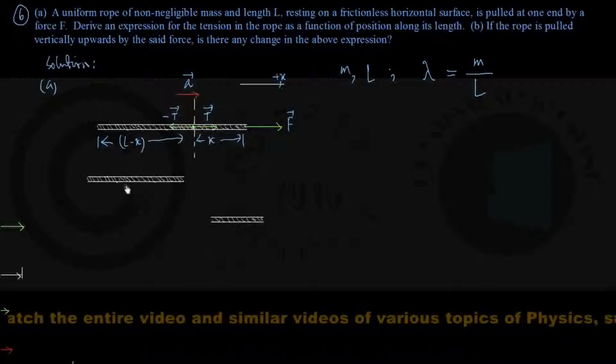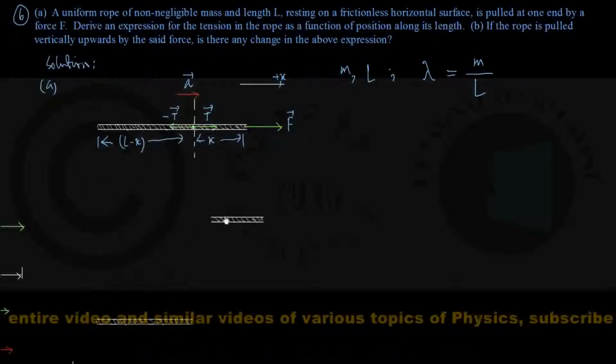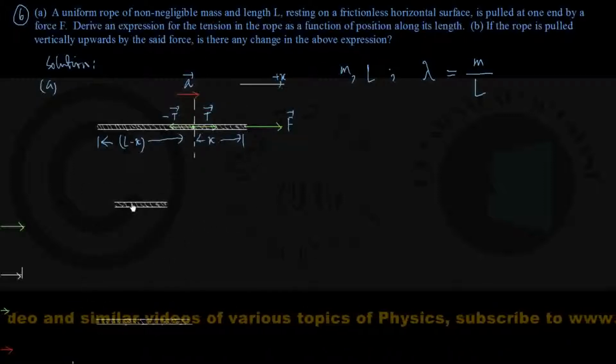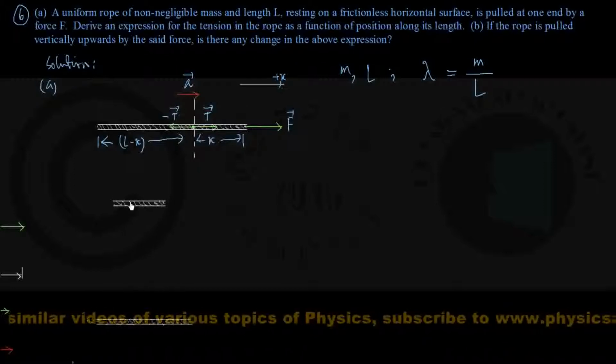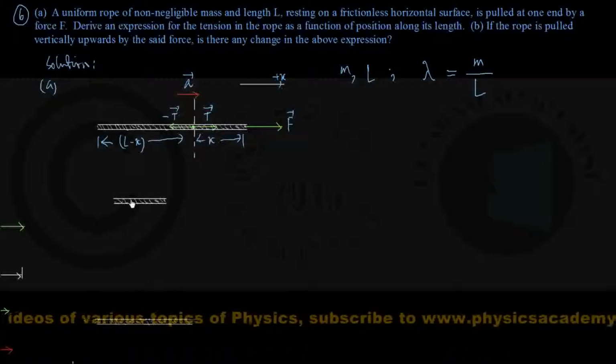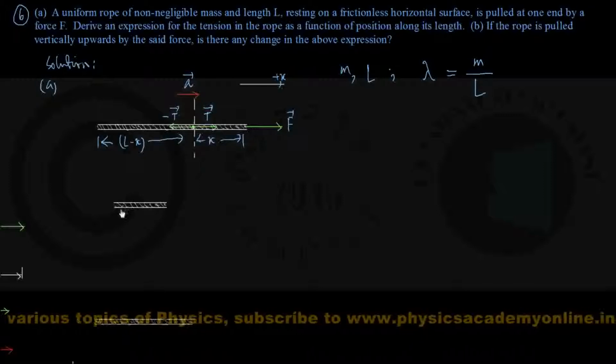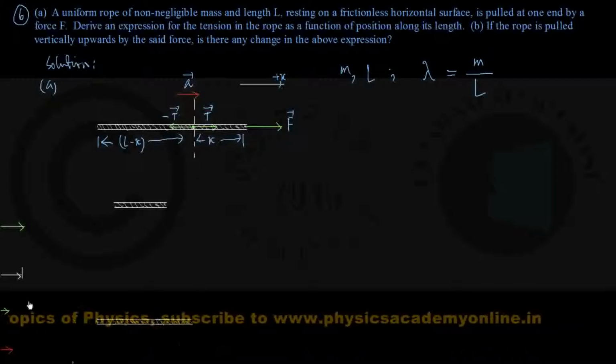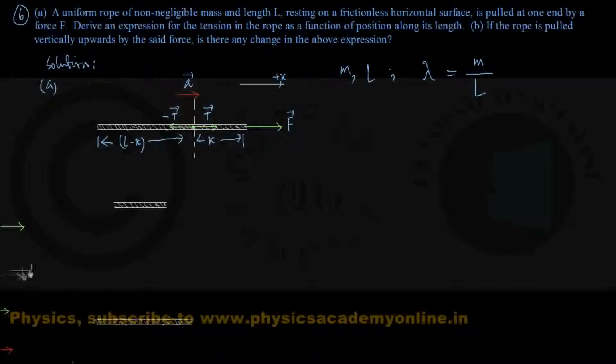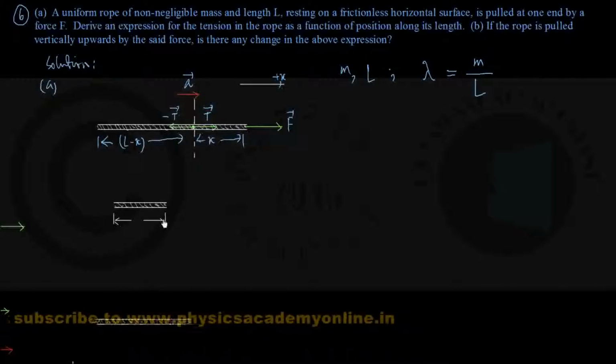First of all, I take the portion on the right side of the imaginary line and draw its free body diagram. This is the portion here of length x.